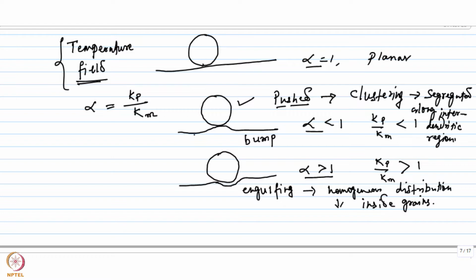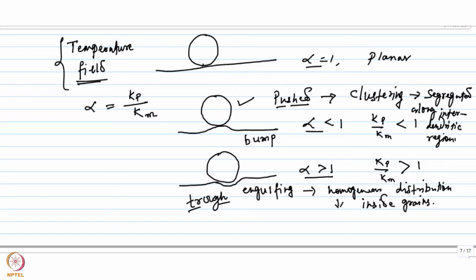The particles will tend to roll down over this bump, and this will lead to pushing of the particles, which will in turn lead to clustering. On the other hand, when alpha is greater than 1, a trough is developed near the particle, and the interface can now engulf the particle, leading to uniform distribution inside the grains.